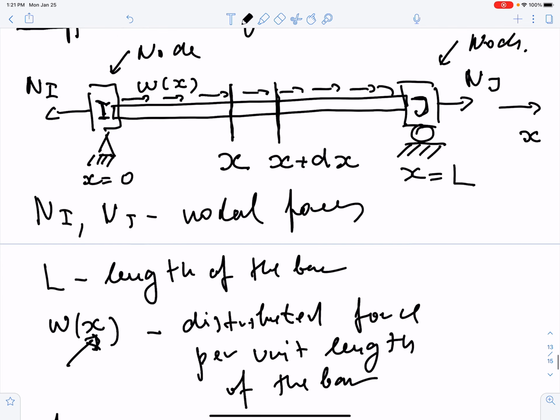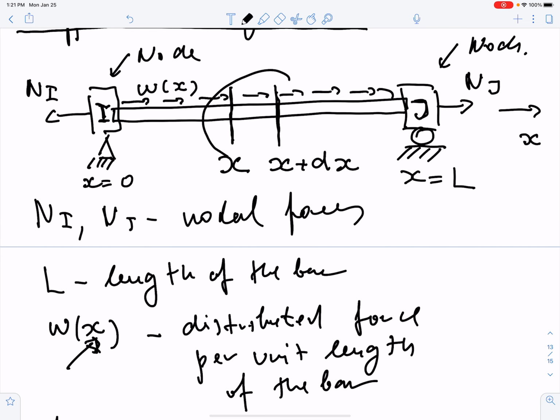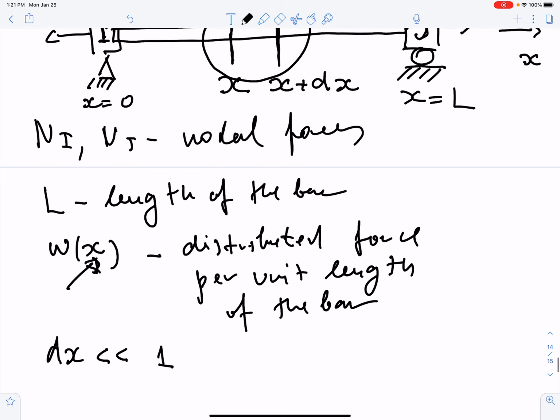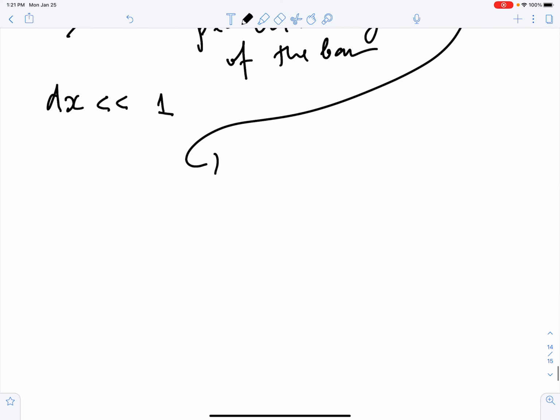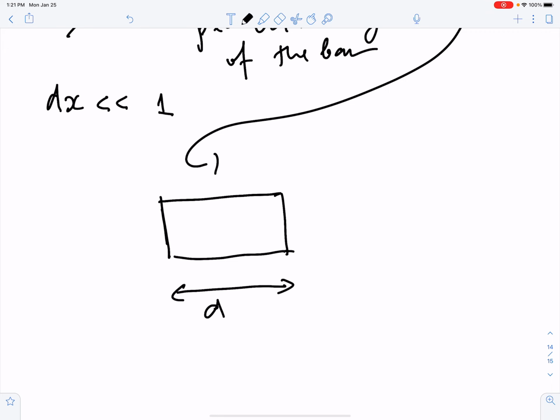Okay, and then you would zoom into this piece here and look at what's happening with a force balance. Okay. So let's see. This is our piece now. It's of size dx. Okay.